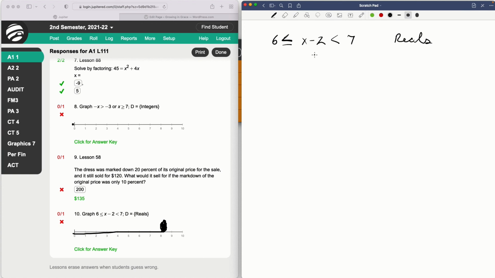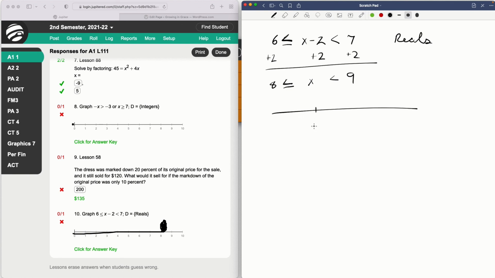So we just do the same thing we did before. We want x by itself, so we add 2 to all 3 sections. That gives us 8 is less than or equal to x, which is less than 9. So now we know what to graph. 8 is less than or equal to x, so x is greater than or equal to 8.